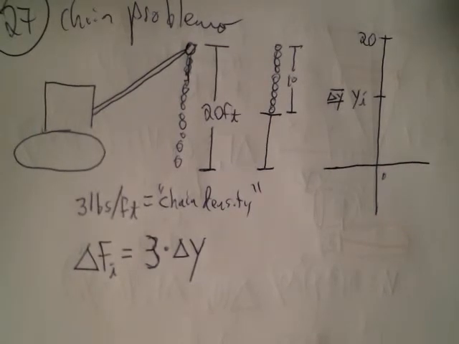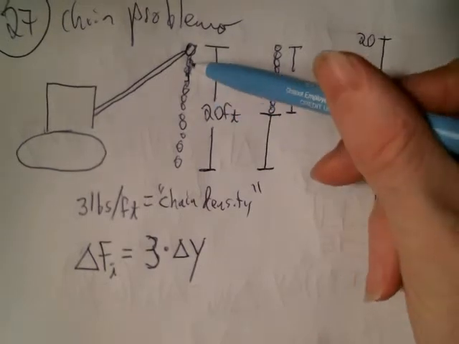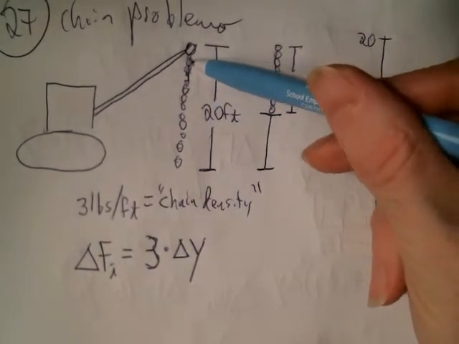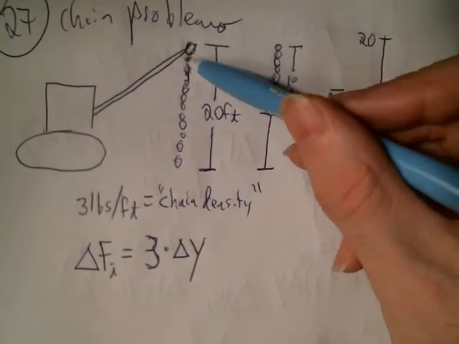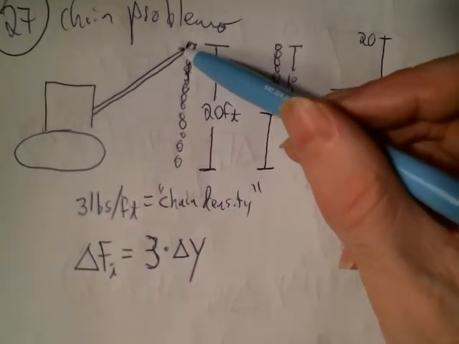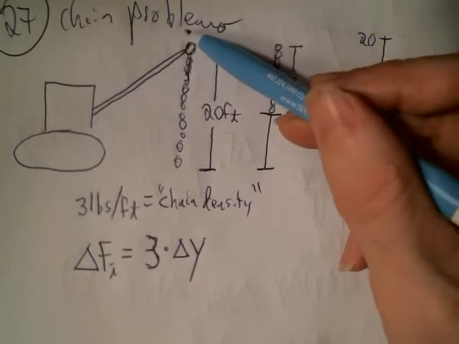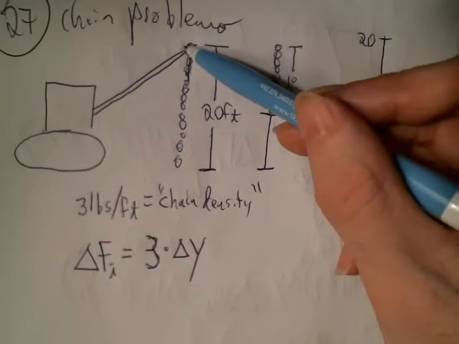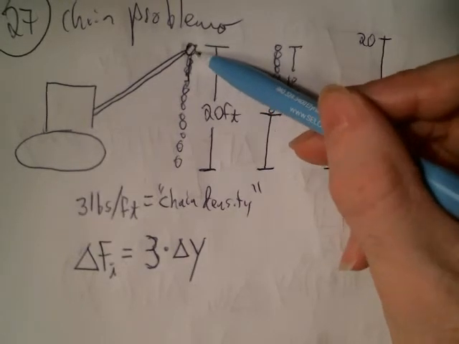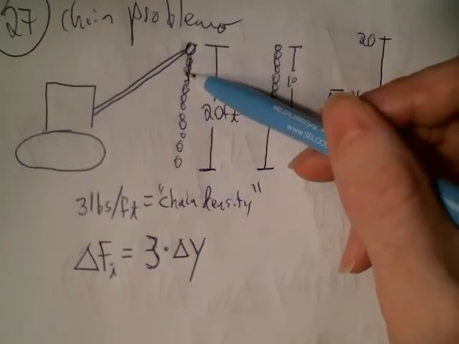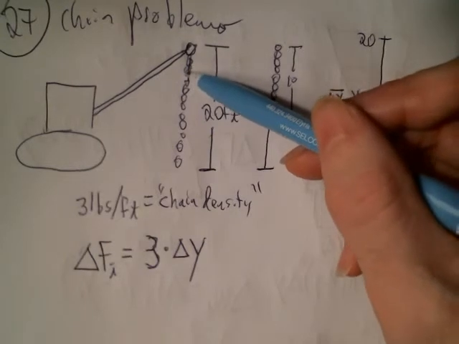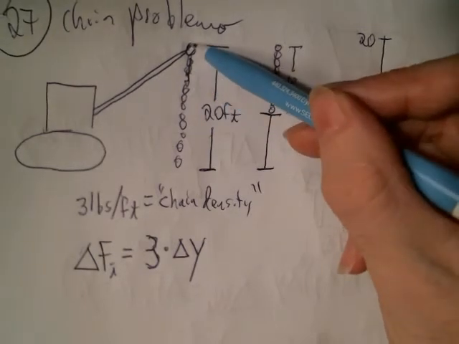Okay, there's actually 2 distances traveled, right? For the bits of chain up here, they don't have as far to move. So we're not going to consider the work required to move the chain on the winch as it goes around. I just want to know the work required to move this bit of chain from here to here.